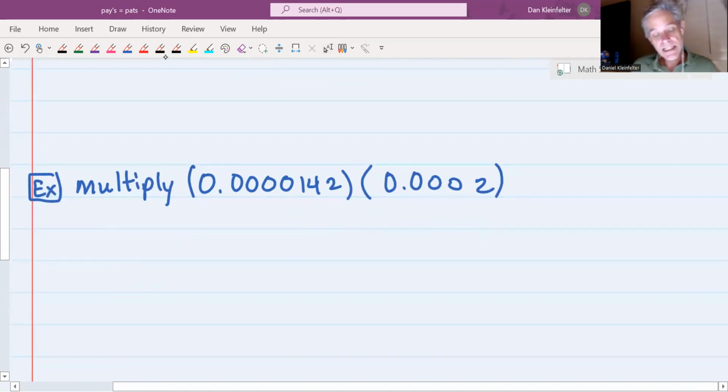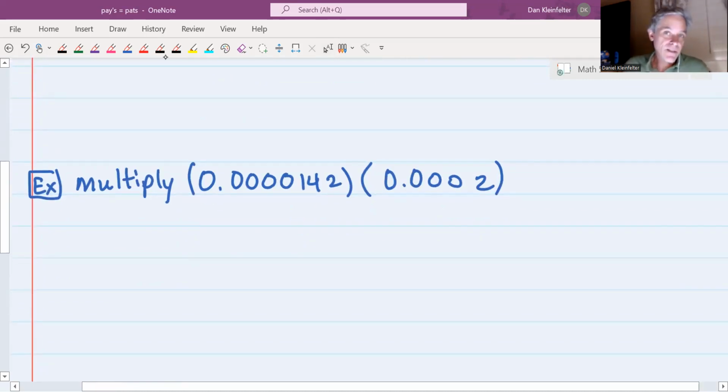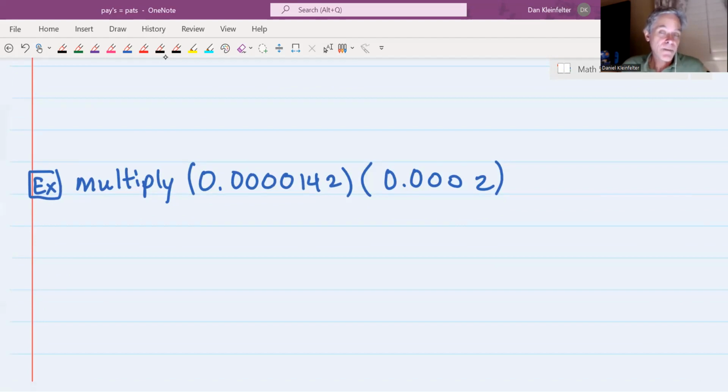All right, here's an example where the numbers are not in scientific notation, and so it's going to be easier on us to put them in scientific notation, do the calculation, and then if we have to, we'll convert them back. All right, so 0.0000142, I need to put that in scientific notation, so it'll be 1.42. Remember, the A is always between 1 and 10.